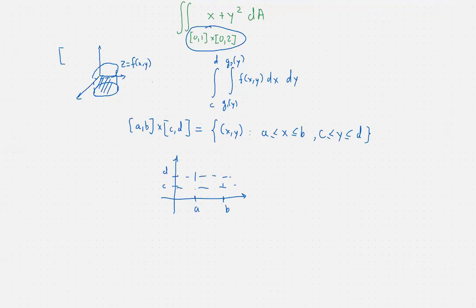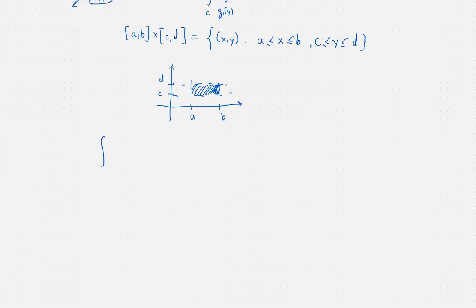In this case, whenever we have an integral over this rectangle of presumably a continuous function, we're not going to be interested in this course for discontinuous functions, then this can be written as an iterated integral in two different ways.